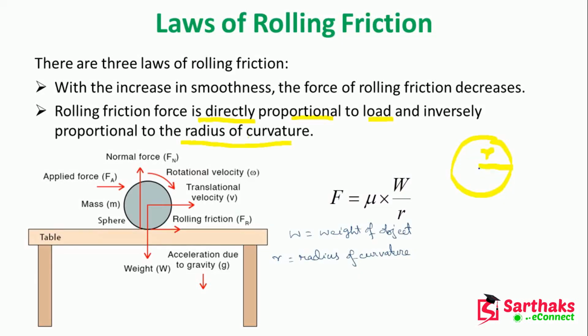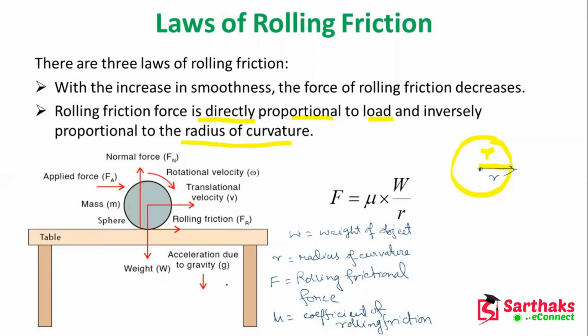In this figure, from this center to this point, this is the radius. And here F is the rolling frictional force, and mu is the coefficient of rolling friction.